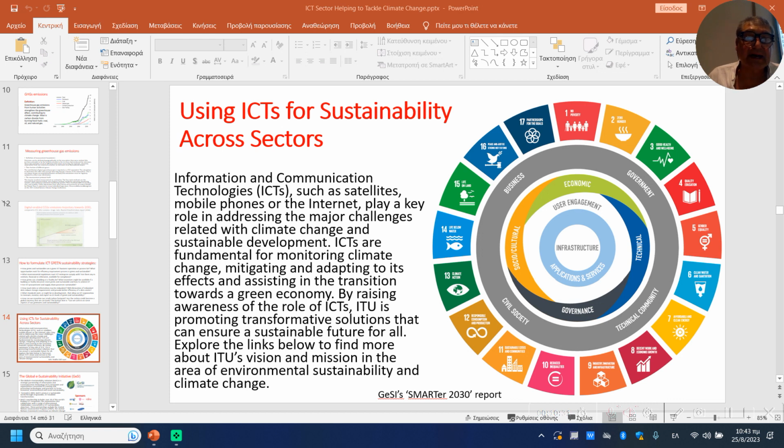Here we can say that using ICT for sustainability across sectors is a very important step in showing how the sectors are connected, how they are interdependent, and how ICT can show, predict and make these links and govern them.